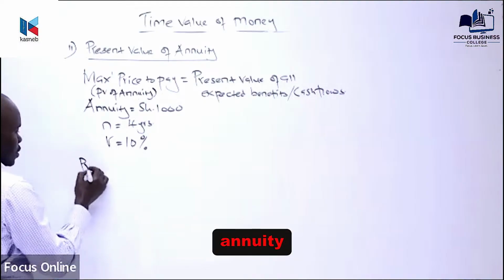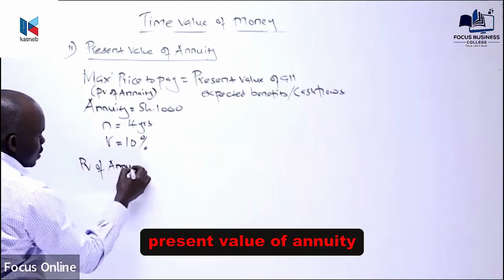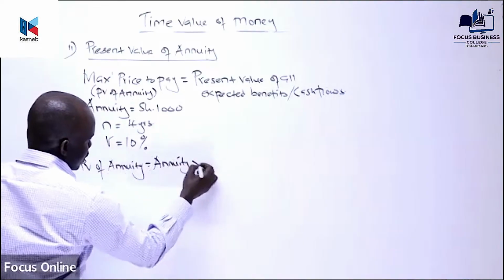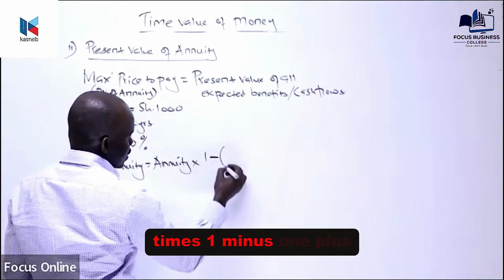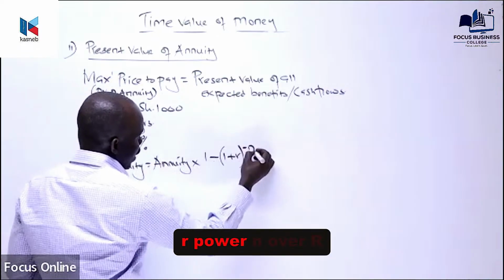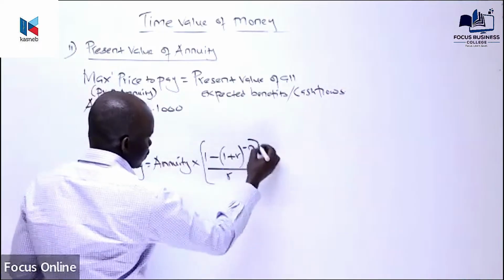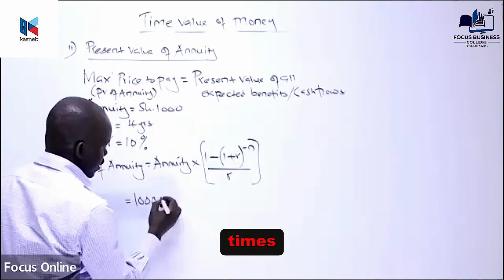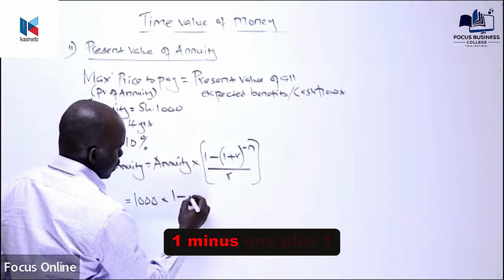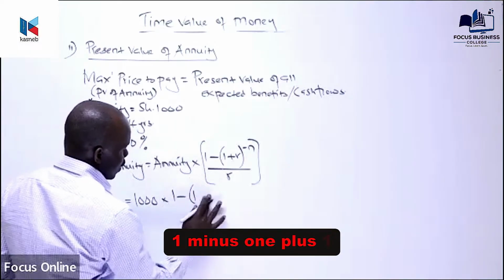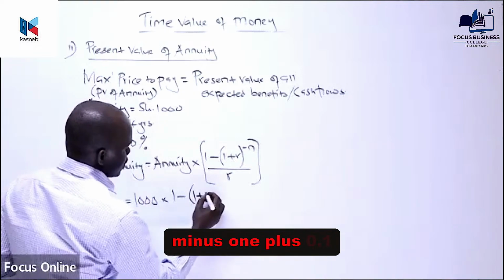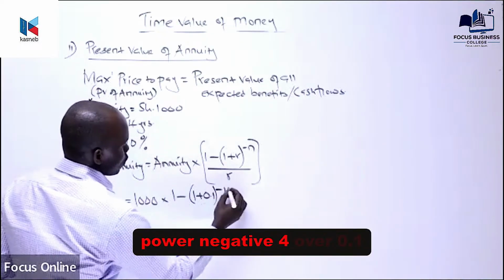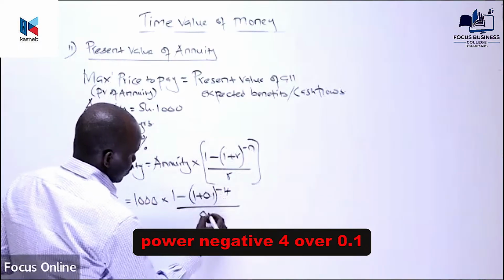So the present value of an annuity is equal to the annuity times 1 minus 1 plus R to the power negative n, over R. Our annuity here is 1,000 times 1 minus 1 plus 0.1 to the power negative 4, over 0.1.